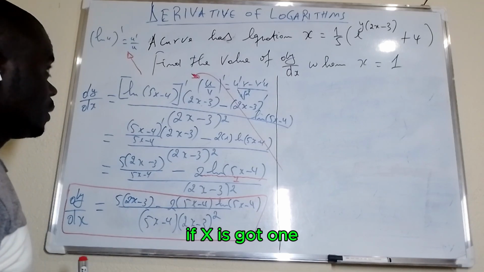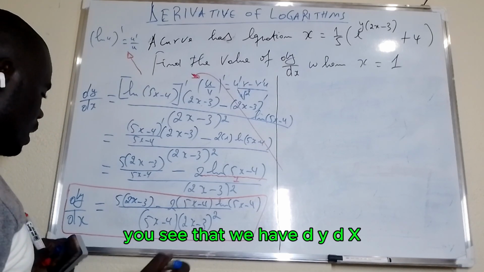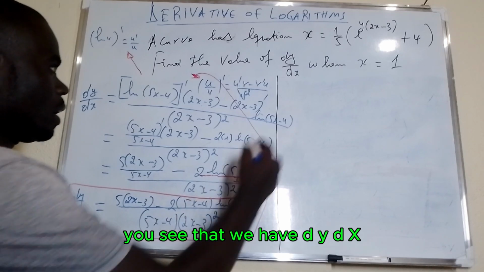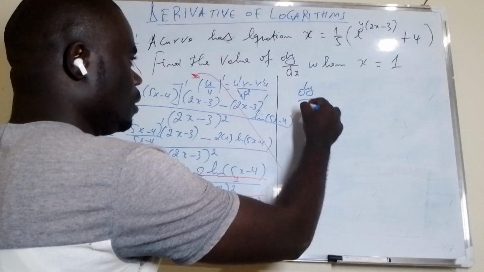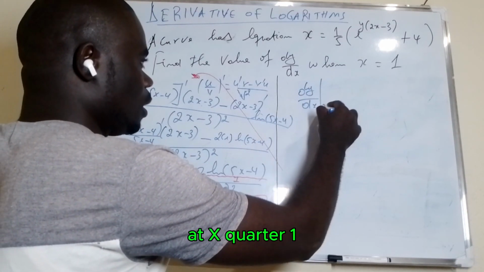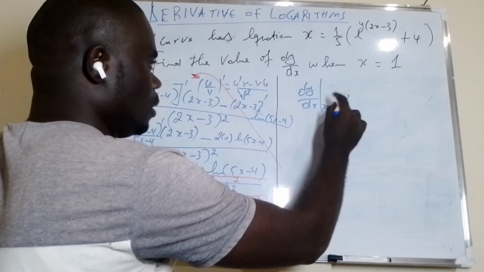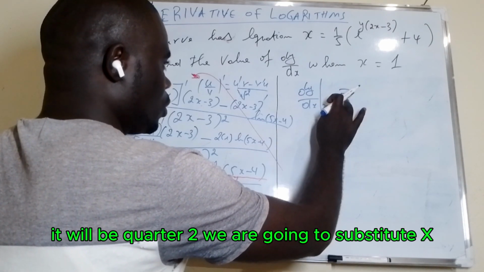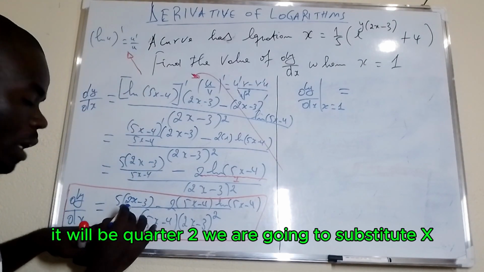If x is equal to 1, you see that we have dy/dx at x equal to 1, it will be equal to, we are going to substitute x here.